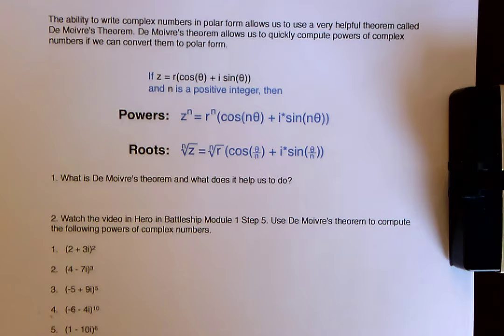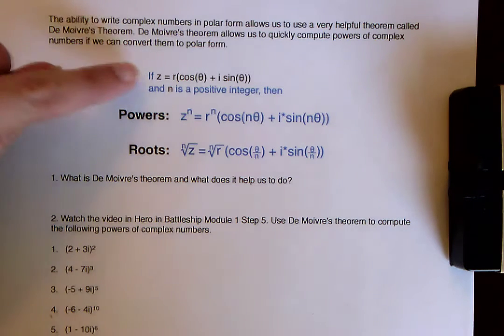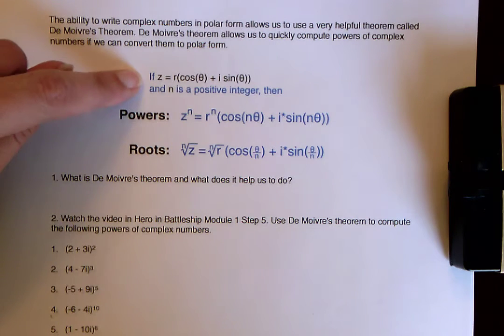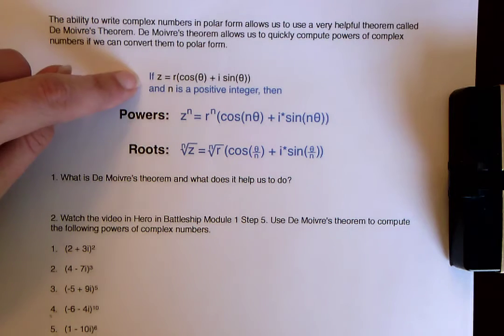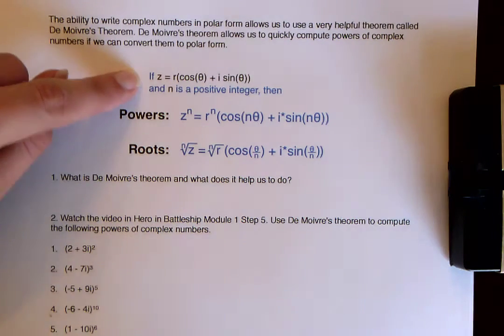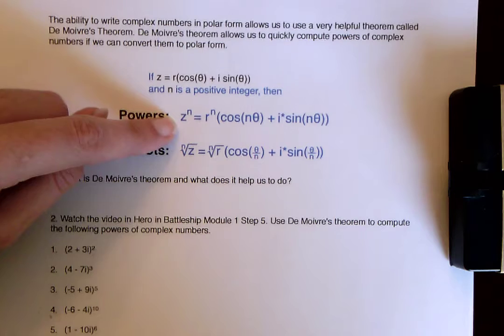to polar form. So again, we're looking at converting a complex number, which is a plus bi, into polar form. Okay, so we're going to be writing it in polar form, and then we're going to find powers.